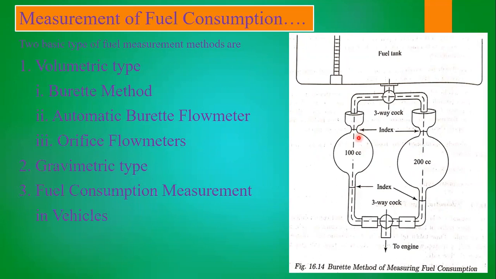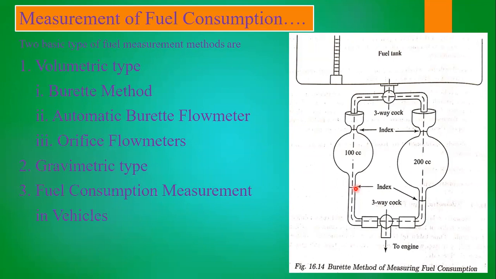So there are some errors in the observation. So we need to eliminate the errors, and at the end of the consumption also there may be some observation errors. We can't see the index as perfectly as possible. So that's why some errors are possible.